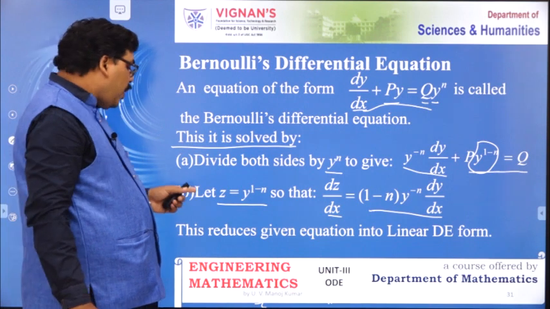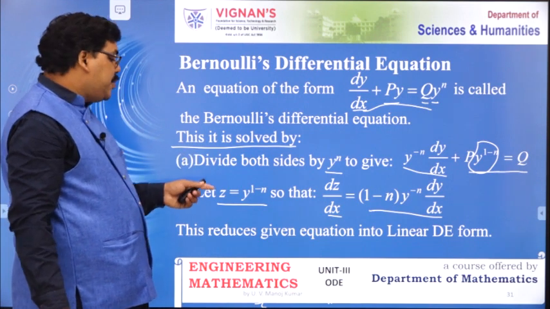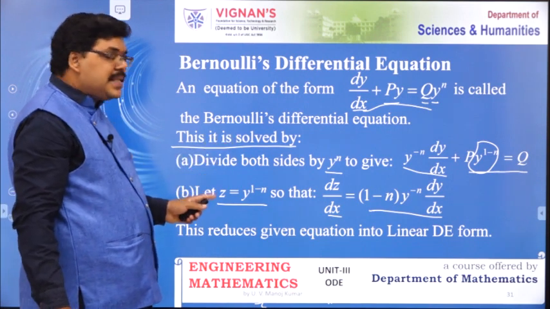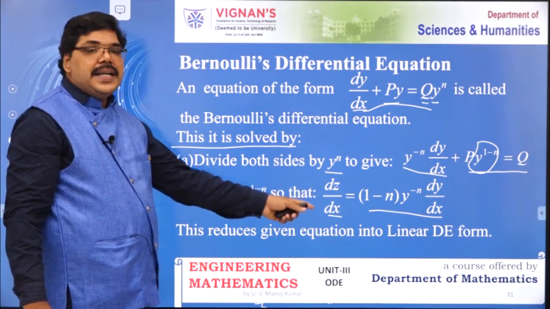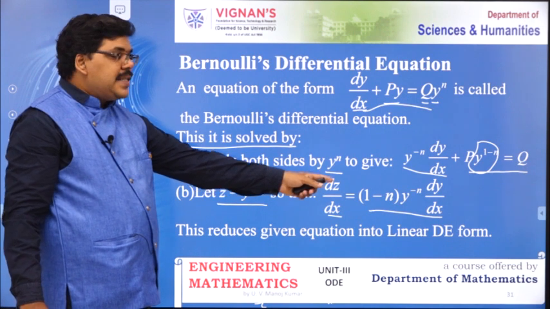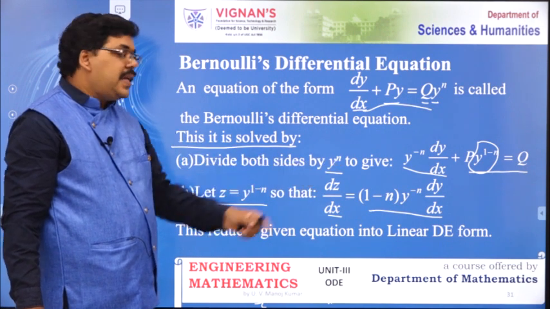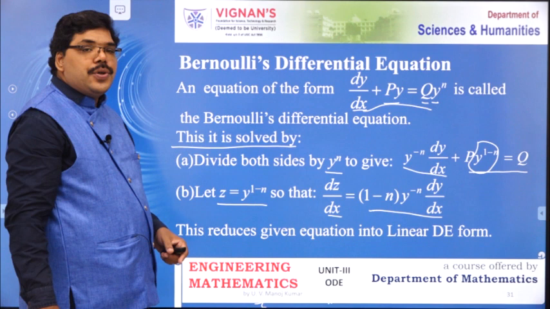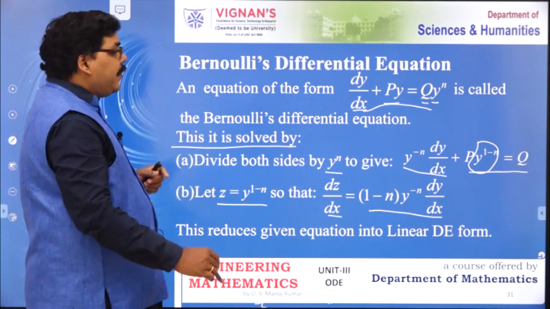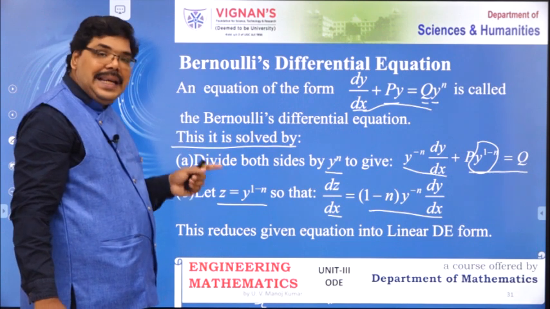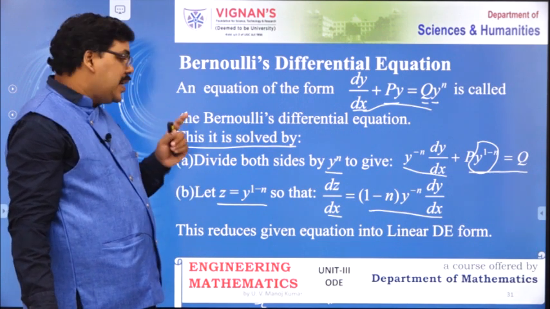So, in this way, we substitute y power 1 minus n as z. Because of this substitution, we will get dz by dx equals 1 minus n into y power minus n into dy by dx. So, this substitution reduces the given Bernoulli's equation into a linear differential equation. So, what is the substitution?